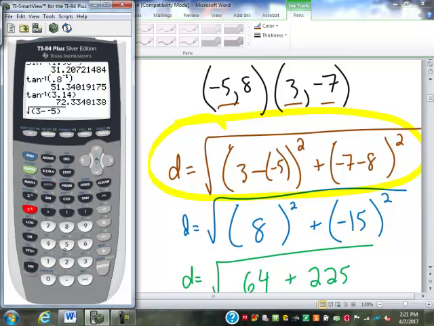Close my parentheses, x squared, plus my parentheses again, -7 minus 8, close parentheses, and x squared. That should give us 17, and there it is. So that's the distance between points. That's the stuff that's going to be on our quiz coming up at the end of the hour.